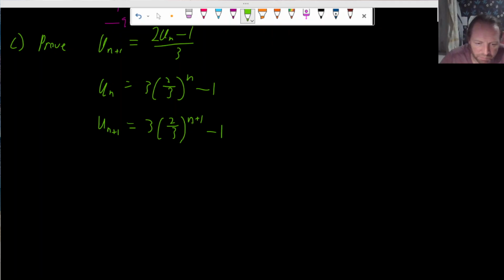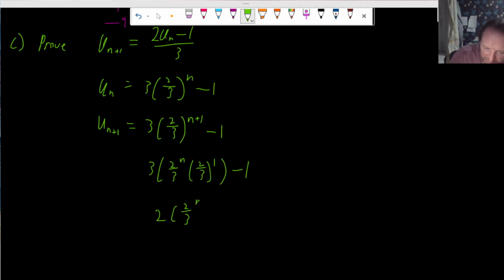We've got powers here that are adding, which means we've got the same base, 2/3 to the power n, multiplying the same base to the power 1. That's multiplying the (2/3)^n, which means we can do 2/3 times the 3. 2/3 of 3, of course, is 2. So we've got 2 times (2/3)^n, minus 1.